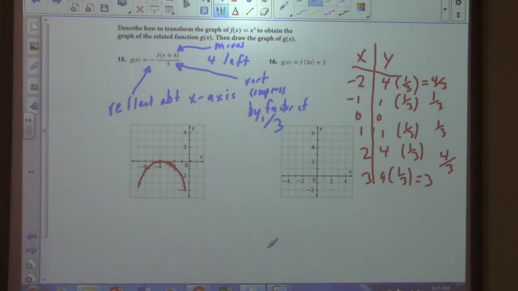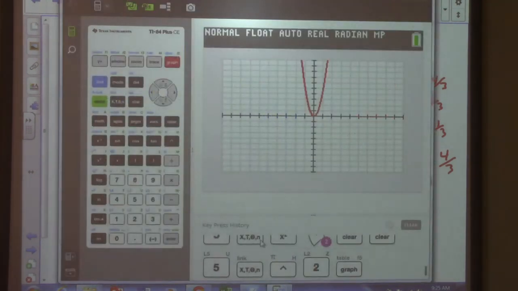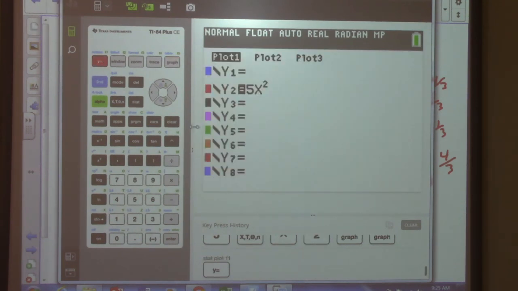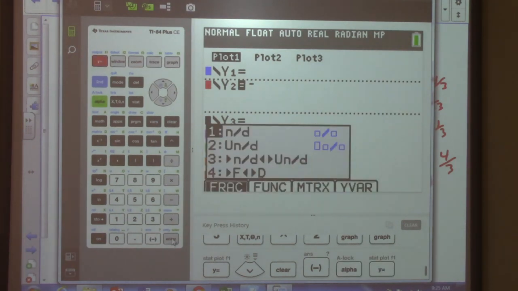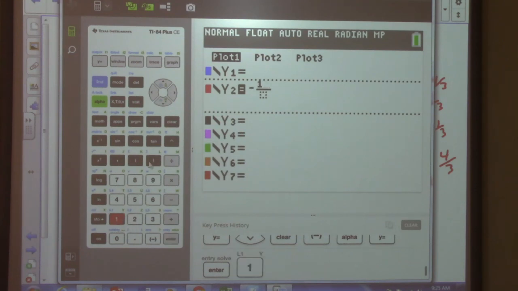Okay, and then you can put this in a calculator too, right? Let me show you how to do that. What you have is negative 1/3, so I'm gonna go alpha, put 1/3, and we're gonna have this x right here, and Randy, did you say it was +4?